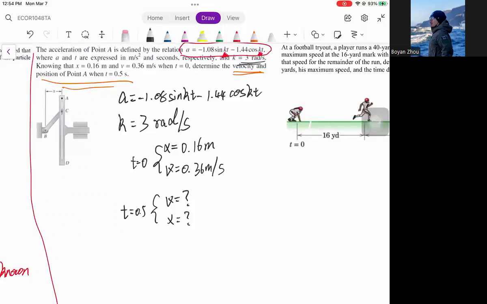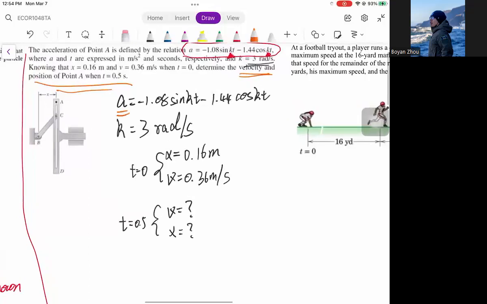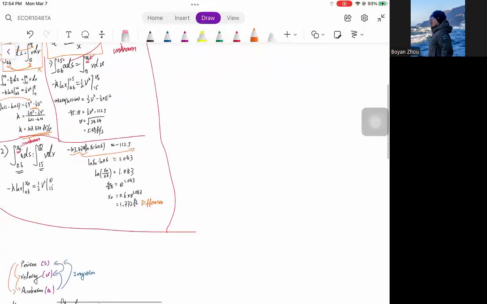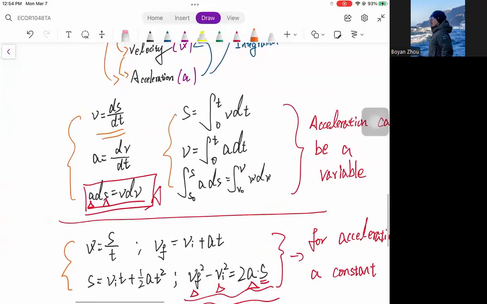So now we need to find an equation that is suitable for solving this question. What we have here is acceleration, and we have t, and also we know the velocity. So we have a, we have v, and we are looking for t. Then we can go back to our formula sheet.